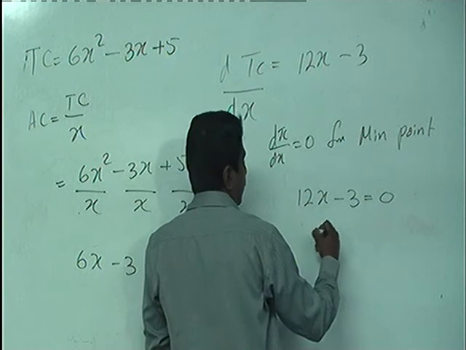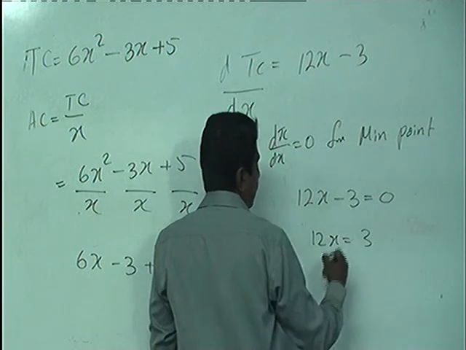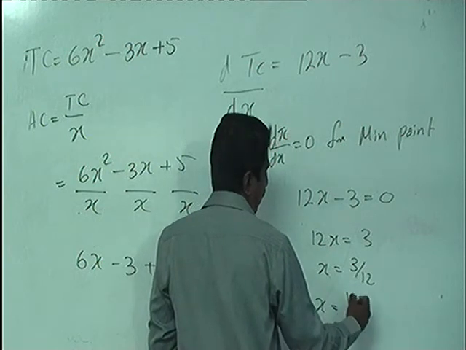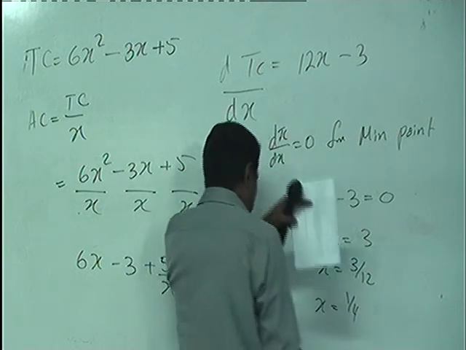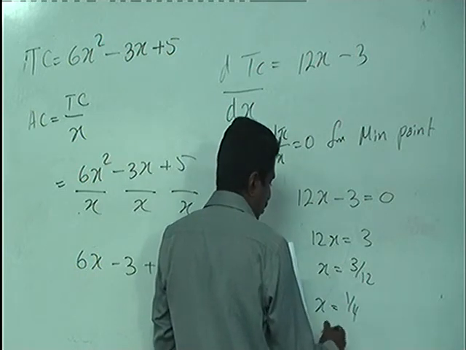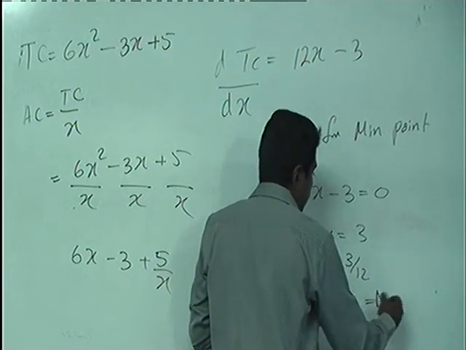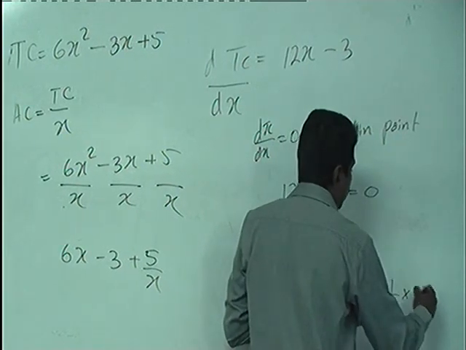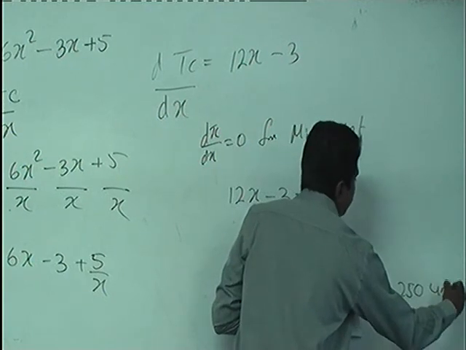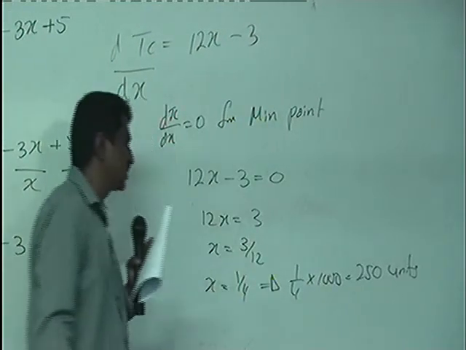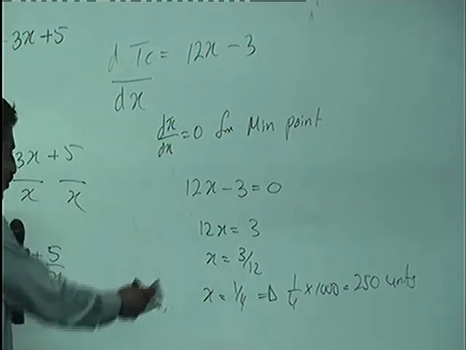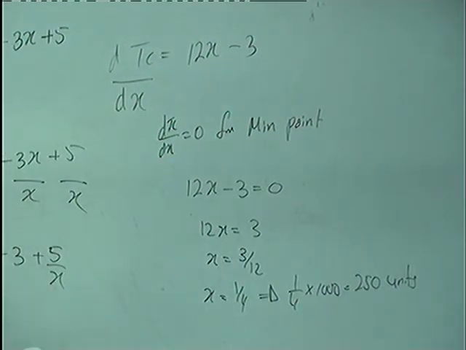Take it to this side: 12x equals 3, x equals 3 divided by 12, so x is equal to 1 over 4. If x is measured in thousands, the value is 1 over 4 into 1000, that is 250 units. Therefore, the answer is again false.